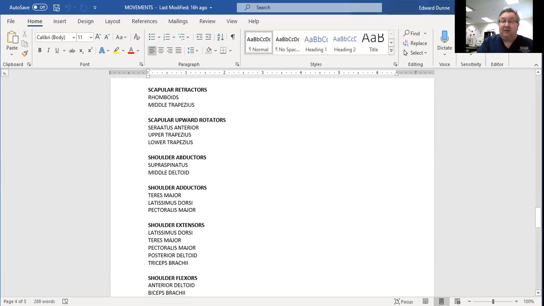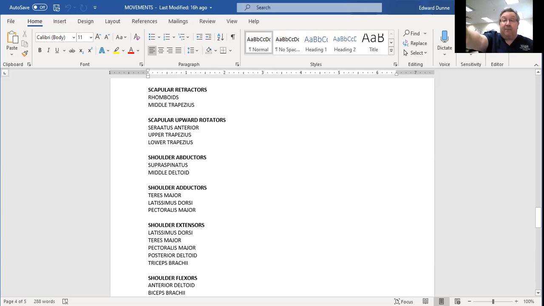The serratus anterior is the main protractor of the body. The pectoralis minor is a secondary protractor. So the protractors are the serratus anterior and the pectoralis minor. So that brings the scapula forward.